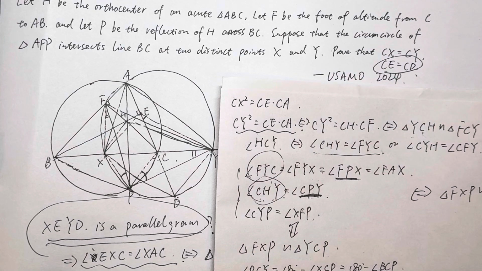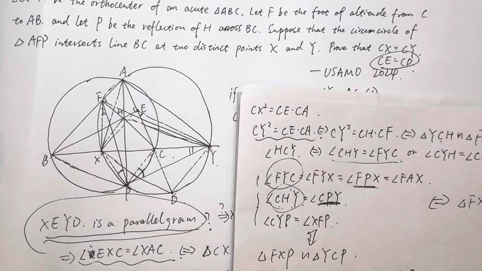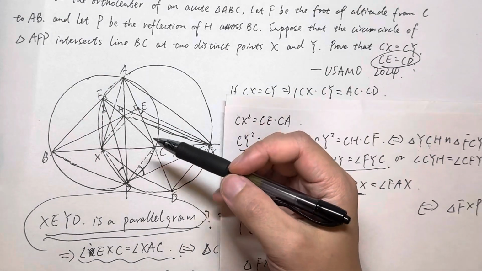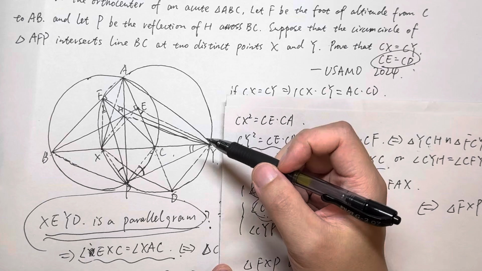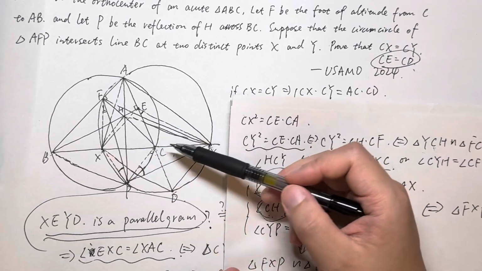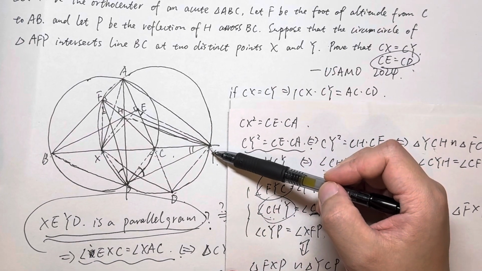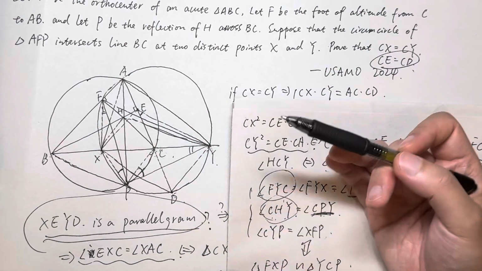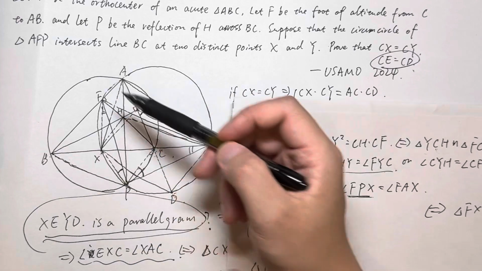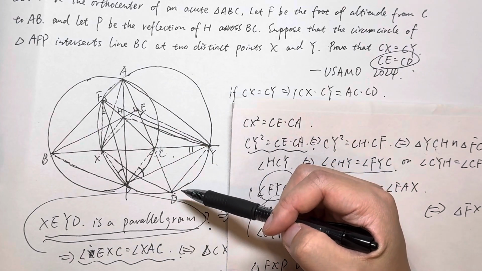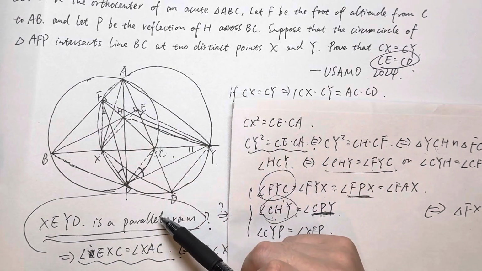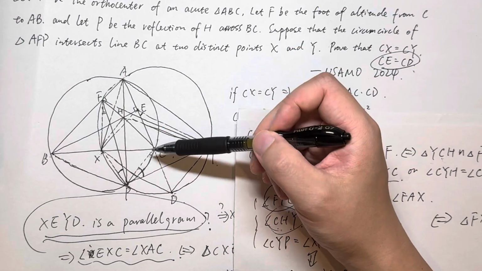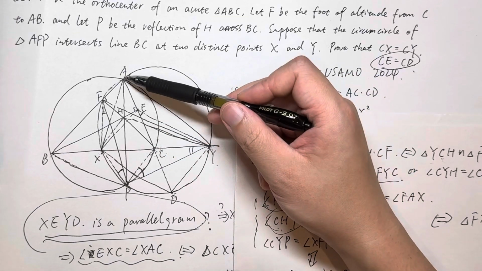I think the most critical part is that you have to figure out how to use your target. Your target is to prove that CX equals CY, which is kind of unrelated to the figure because this point C is like an arbitrary point from the triangle ABC. The first thing that gives you the hint is that you just need to prove that CX squared equals CD times CA.